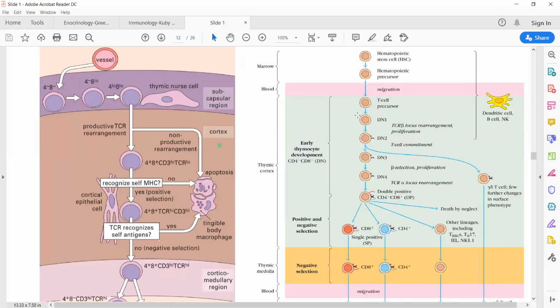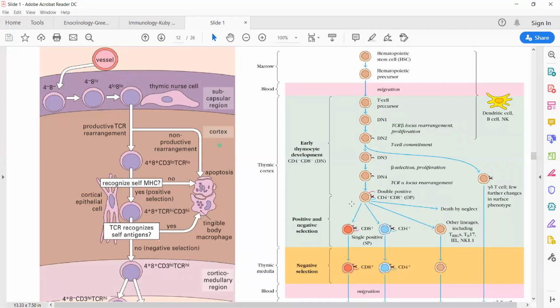Repeating, in one phase it was CD4 positive, and in the second phase, in all these double negative stages from DN1 to DN4, it was the second phase of stage 1 thymocytes. The moment the thymocytes come out from the double negative stage and move to the double positive cell, they now become the stage 2 thymocytes.